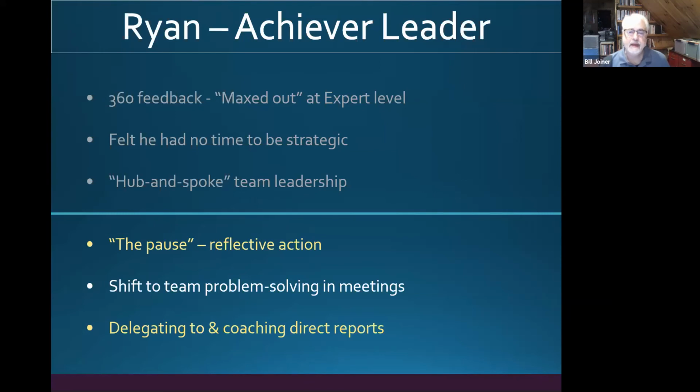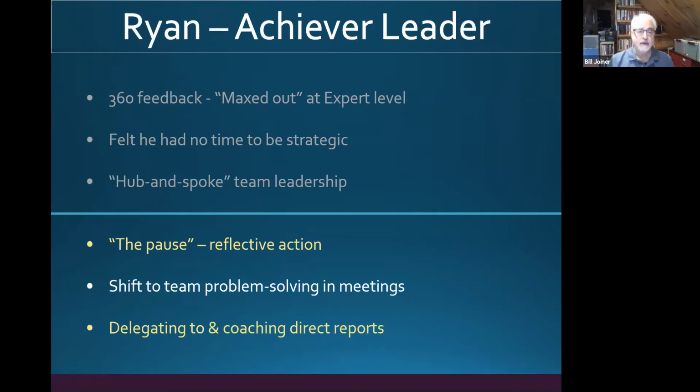So one thing he began to do was really practice reflective action. He was a guy who kind of operated on his gut quite a lot. And so to do this reflective action process on a much more frequent basis really allowed him to use more of his intelligence. He was actually capable of strategic thinking, but he wasn't using it in his leadership.